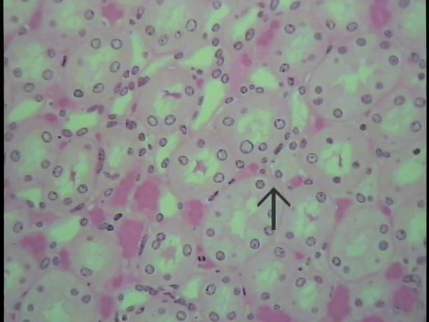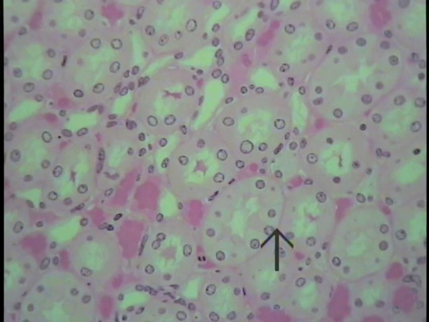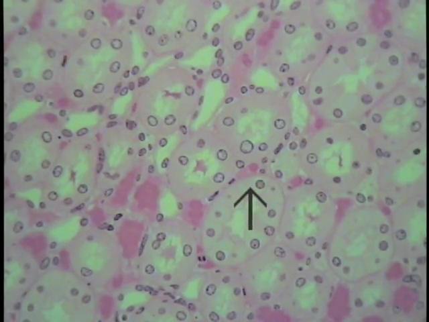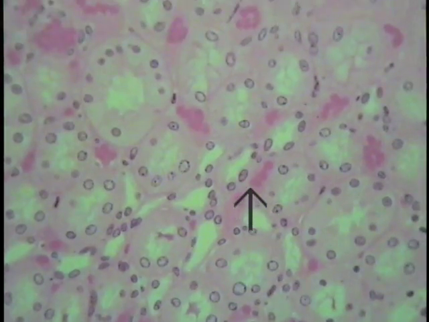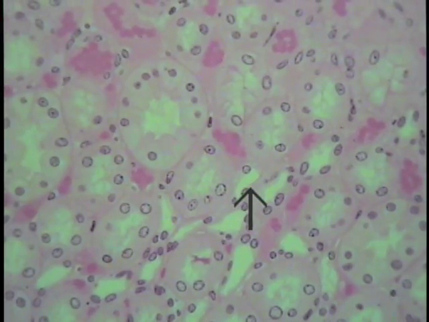In the same field, one gets an opportunity to compare it with another tubule. In this particular case, you can see that the height is much greater than the width, and so these would be an example of simple columnar epithelial cells. Move around within the medulla and identify several tubules lined by these various types of epithelia.